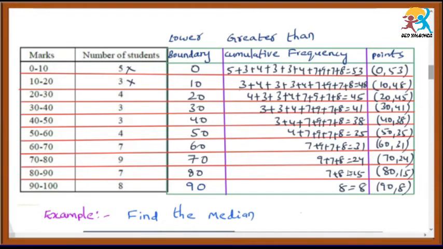If you are given more than 10, more than 20, more than 40, more than 50, like that, then you have to suppose that you are given the lower boundary and the greater than cumulative frequency. For that table also you have to draw the class intervals, frequencies, and we can find the median.